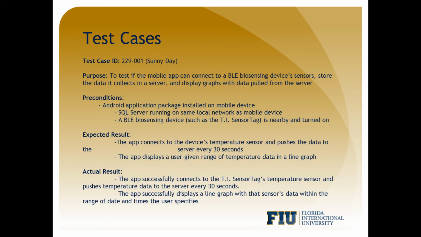Preconditions: the Android application package installed on a mobile device, the SQL server running on the same local network as the mobile device, a BLE biosensing device such as the TI sensor tag is nearby, and turned on. The expected result is the app connects to the device's temperature sensor and pushes the data to the server every 30 seconds. The app also displays a user-given range of temperature data in a line graph.